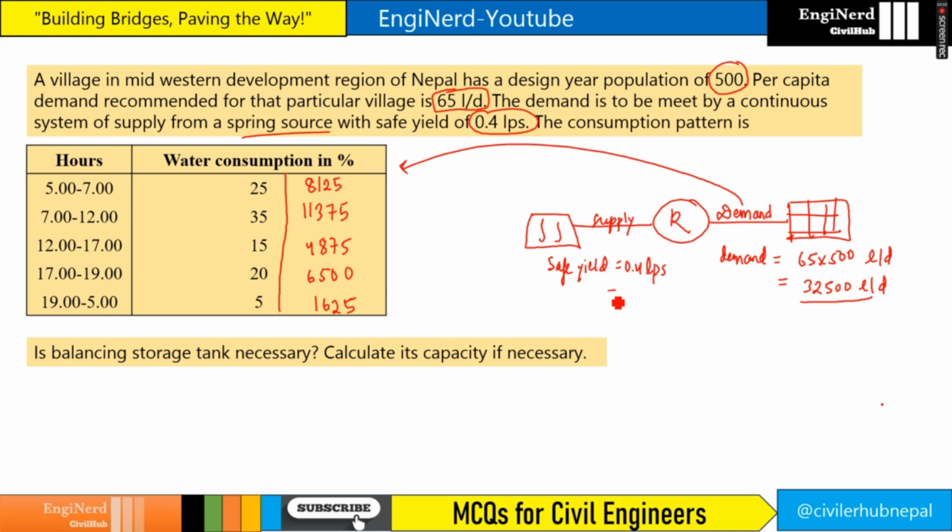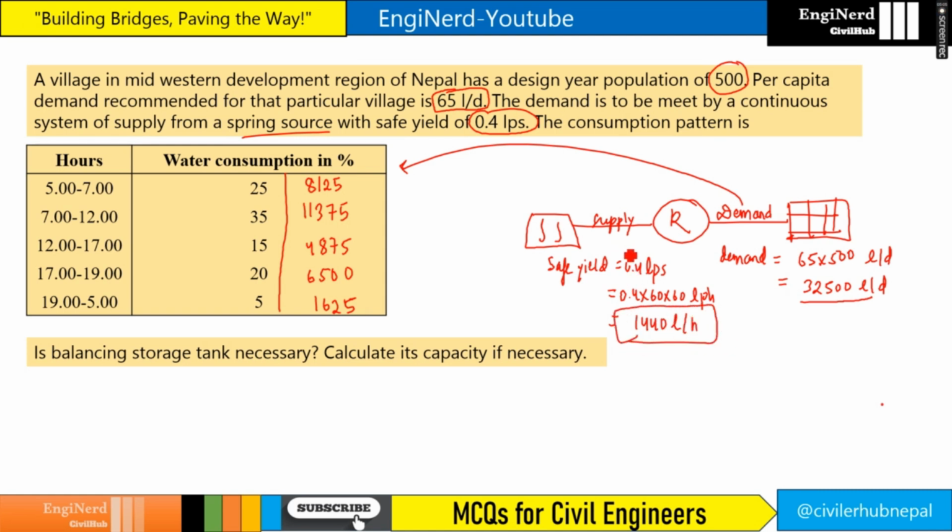Now we turn the value into liter per hour, because we have divided the table into different hours. So it will be 0.4 into 60 into 60, which will be 1440 liter per hour.